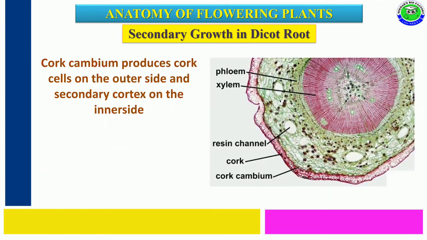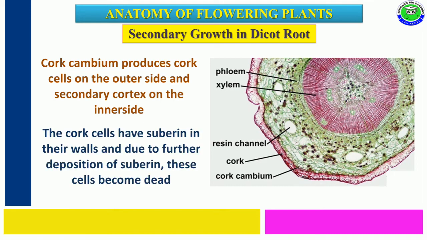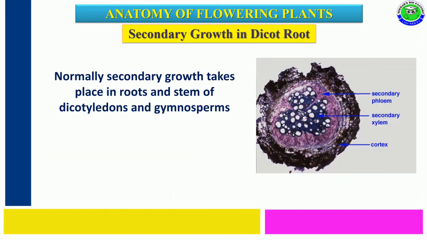It produces cork cells towards the outer side and secondary cortex towards the inside of the cork cambium ring. The cork cells generally contain a waxy material called suberin in their walls, and due to suberin deposition they become dead cells.